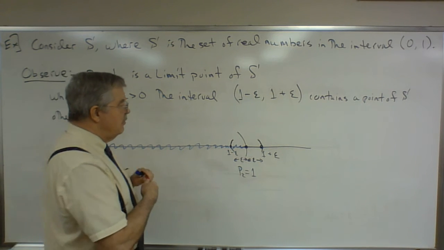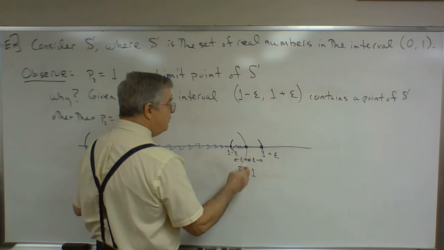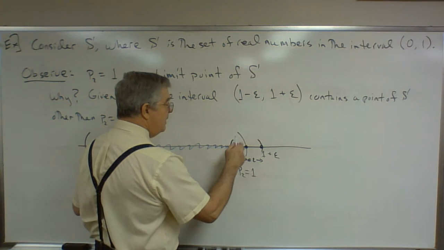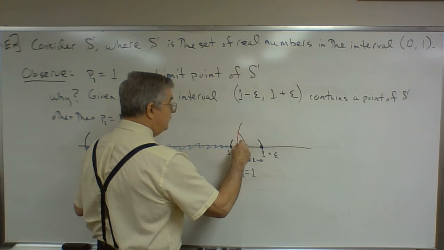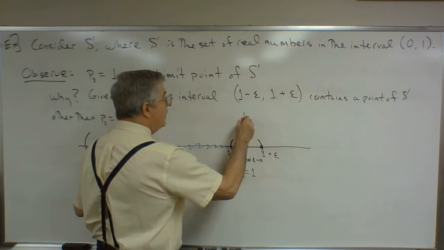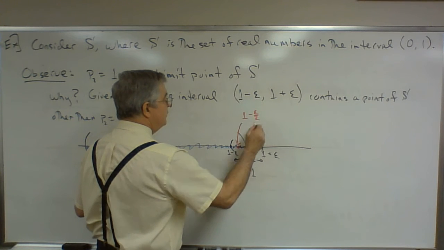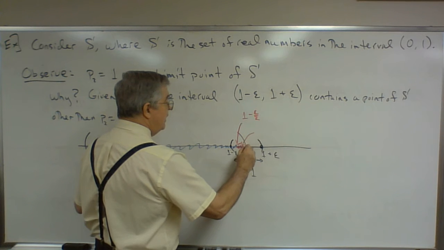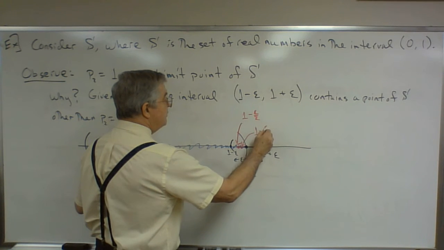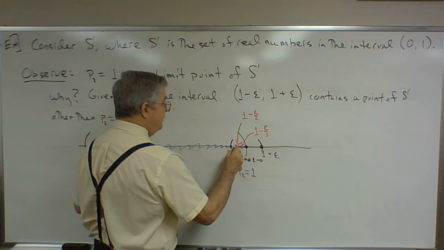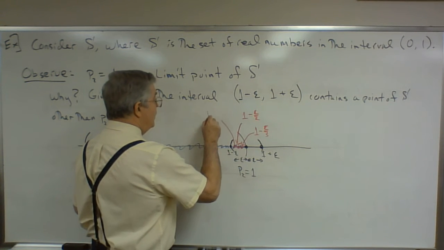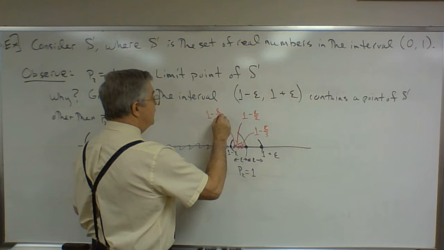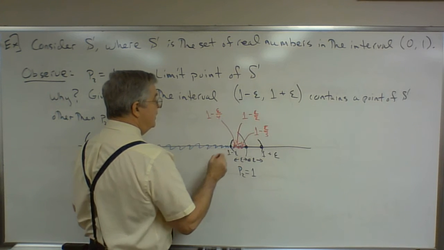What about this point right here, halfway between 1 and 1 minus epsilon? That's going to be 1 minus epsilon over 2. And what about that point right there? 1 minus epsilon over 3. And maybe this point right here, 1 minus epsilon over 4, and so forth.